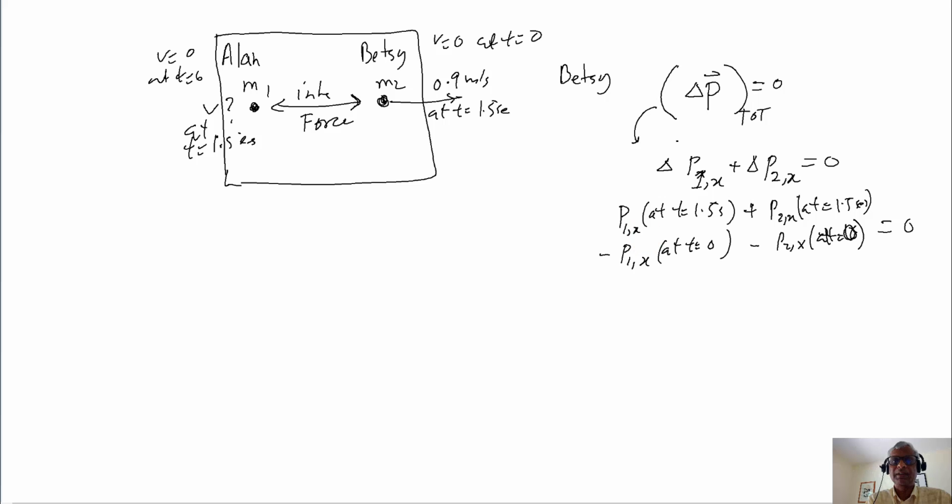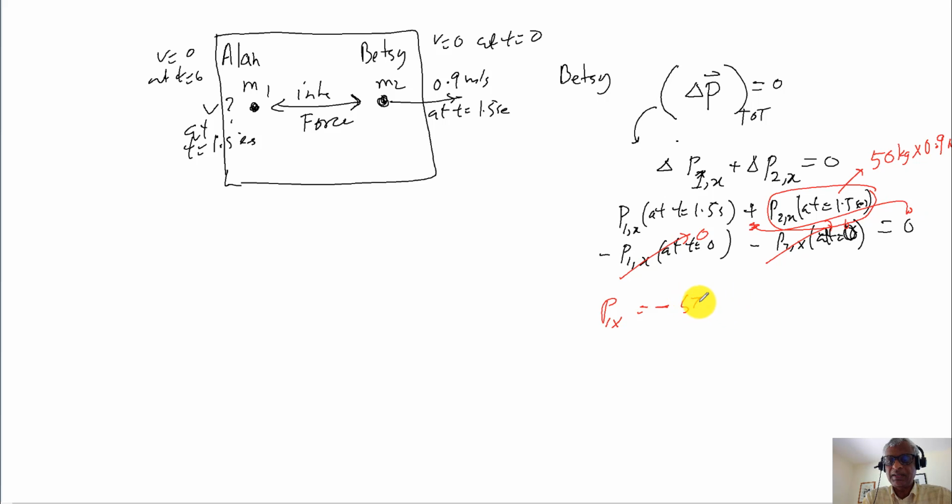Now from the given, this is 0, this is 0, and this one we figured out. This one is 50 kilogram times 0.9 meter per second. So that's the momentum for her. So his momentum p1x will be the negative of whatever this is; I'm going to send this to the other side.